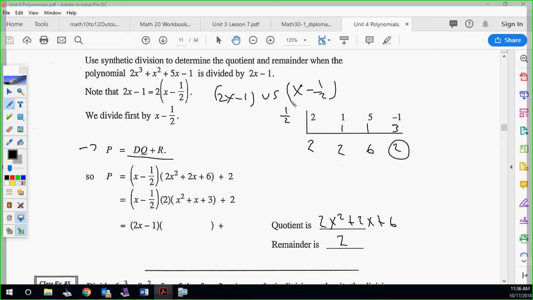The difference is this thing is multiplied by 2. Do you see how all these have a 2 in common? So we need to divide that by 2 to actually get the quotient. Because, see right here, 2x minus 1 is a factor. Right. So this is all right. The 2 is right. We just need to divide these by 2.